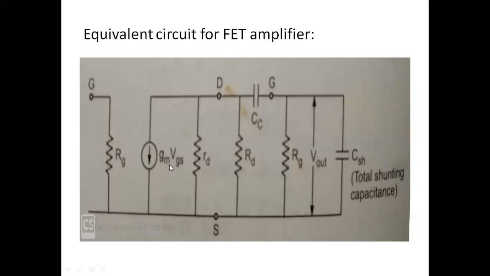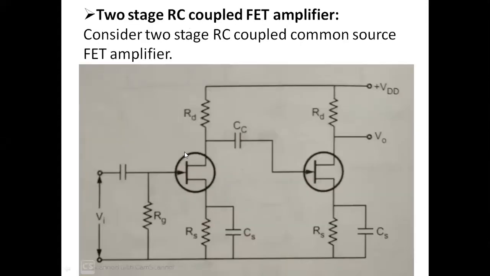Here we have source, gate, and drain. We are taking a common source transistor, that is, the source is common, the gate is the input terminal, and the drain is the output terminal.